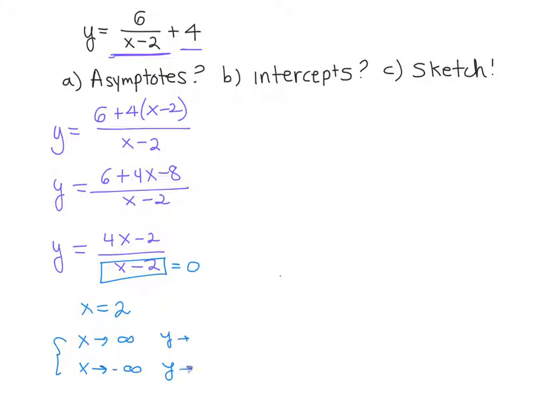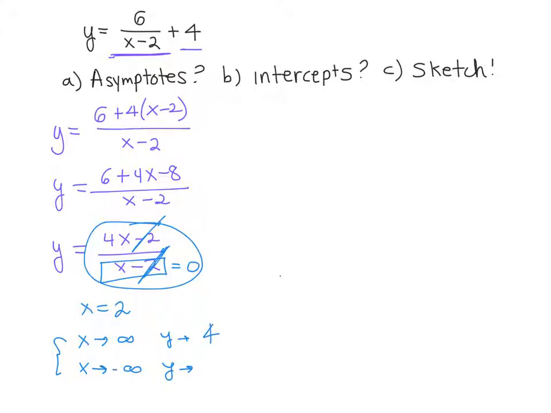If the x value is a really, really big number, you plug it in here: 4 times a really big number minus 2 over a really big number minus 2. That negative 2 compared to that really big number is so small that we can ignore those negative 2's. So we're left with 4x over x, which becomes 4.